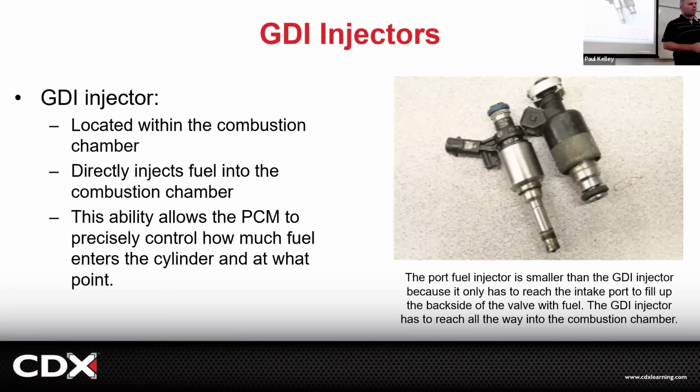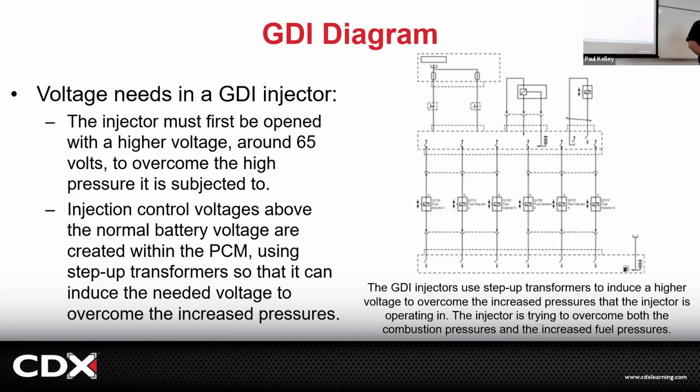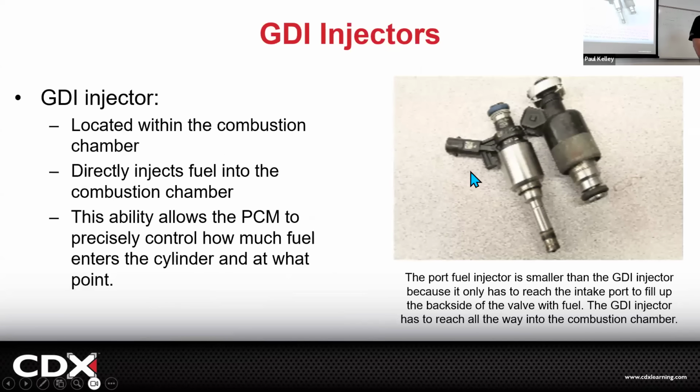Very hard. And then also because they're bigger and more powerful, sometimes we're running a fuel injection control module, FICM, or, you know, a voltage increase. Sometimes we may be running 40 volts, 36 volts, 42 volts, 48 volts on these injectors because it takes more power to open and close a much longer, stronger, more beefy injector.